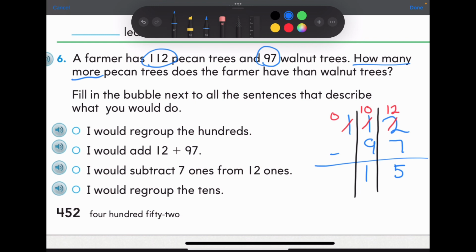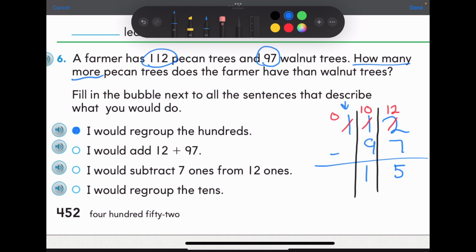All right. So now we have to look at our options. The first one says, I would regroup the hundreds. Well, yes, we did regroup in the hundreds. So I'm going to say, yes, that did happen. I would add 12 plus 97.